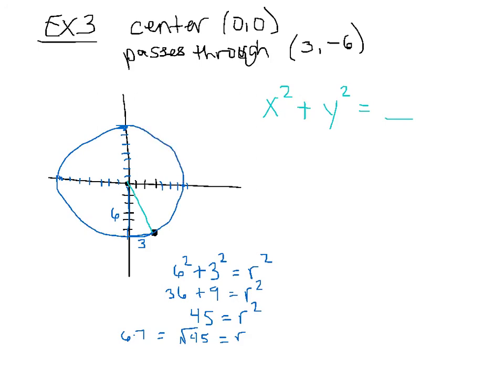Then when we go to my equation, remember my equation is always equal to my radius squared. So we're going to come back down here and go to this line that tells us what the radius squared is, which was 45. So the equation of this circle would be x² + y² = 45. This should be an integer so long as your a value and your b value were integers.